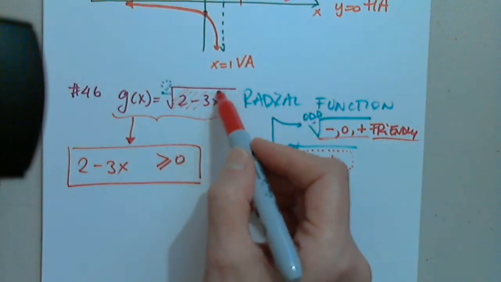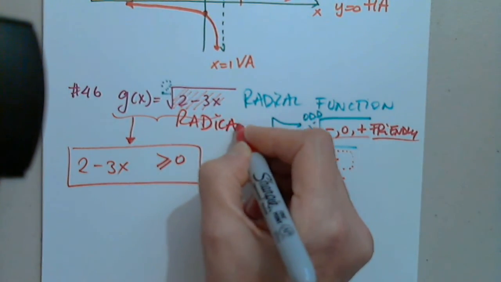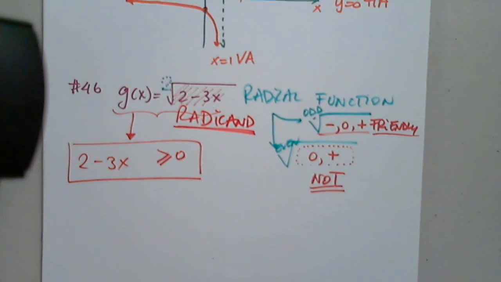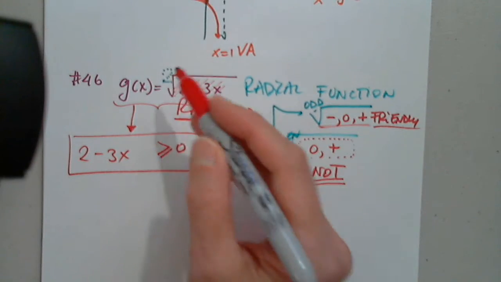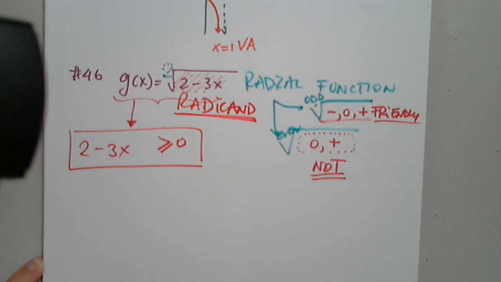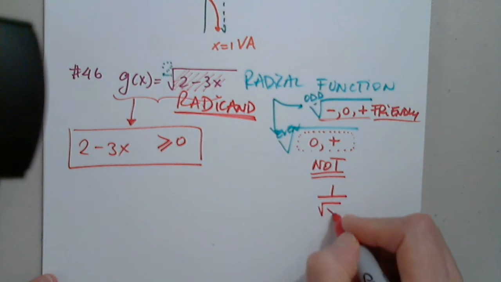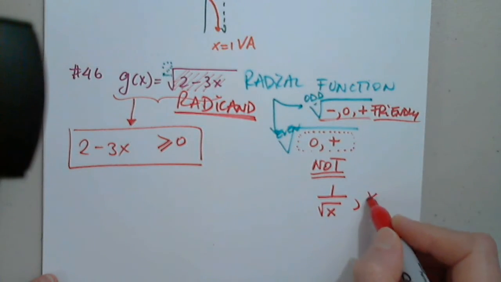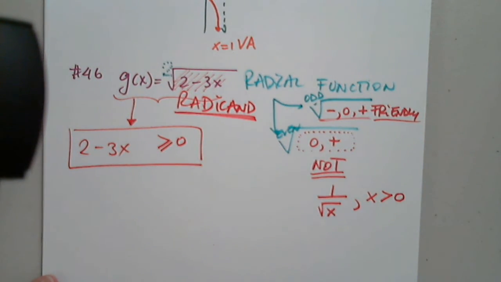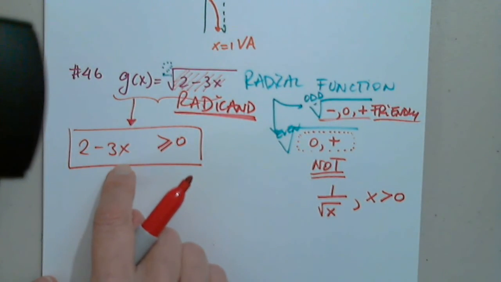This quantity is called the radicand. The radicand, the quantity under the square root, in this case, or the fourth root or the sixth root, has to be positive or 0. Now, if I have something like this, it can no longer be 0. For something like this, the condition is only greater than 0, because this quantity is in the denominator, but that's not the case here. So how do I solve this?